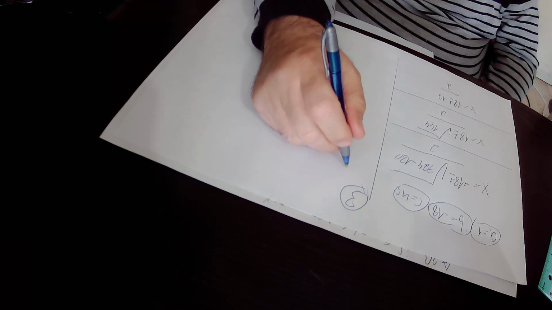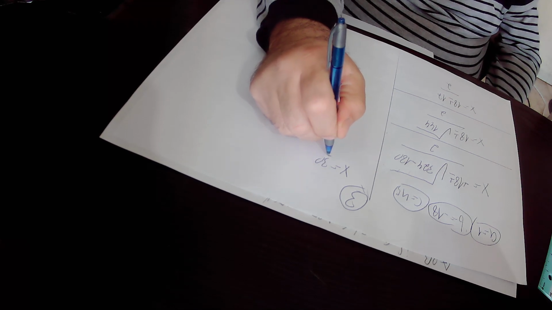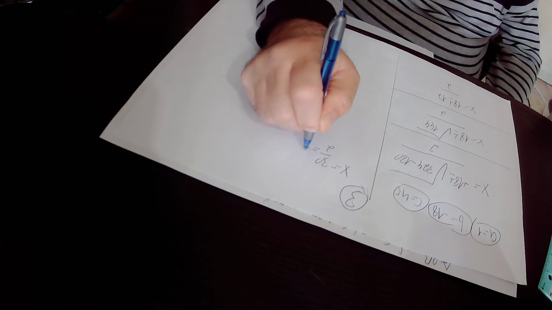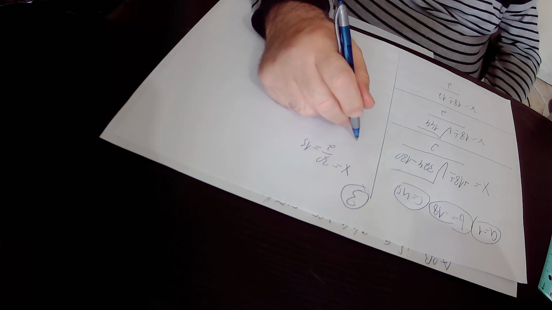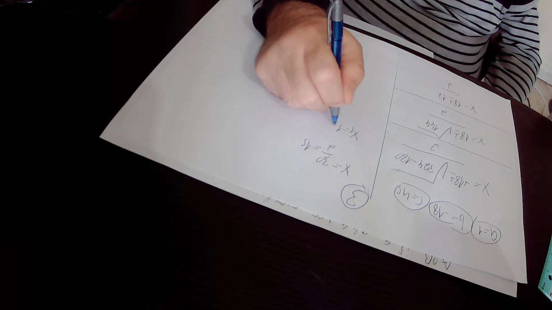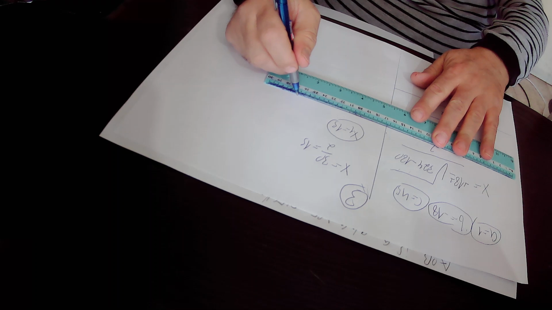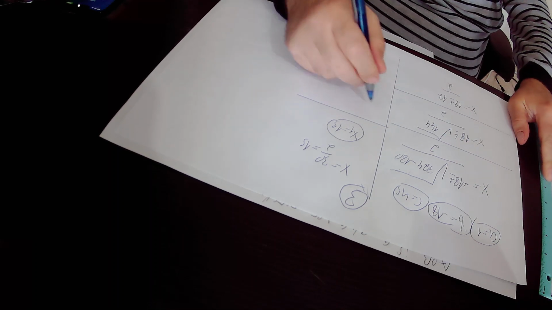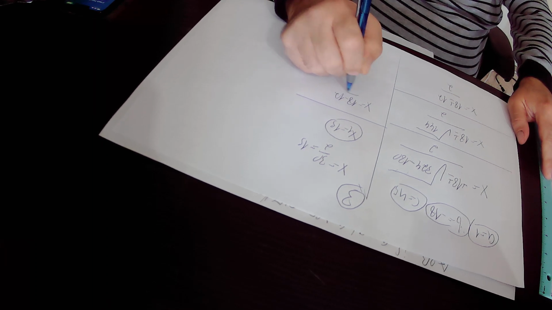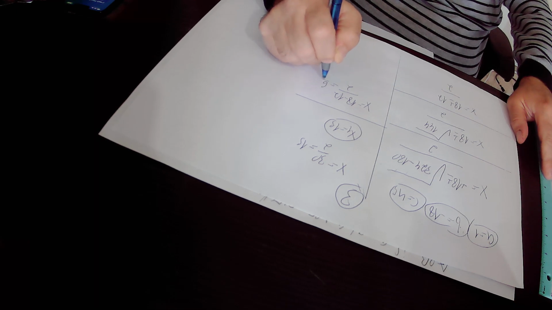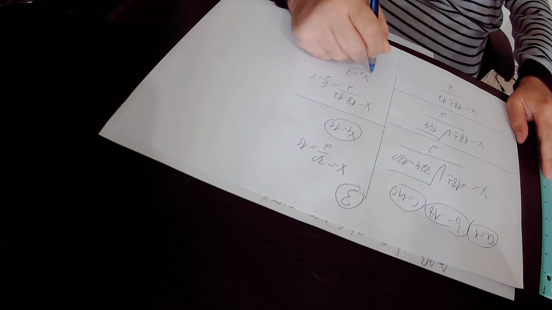The first solution is x equals 18 plus 12, that is 30, and 30 over 2 is 15. According to the first solution, x equals 15 units. The second possible solution is x equals 18 minus 12 over 2. 18 minus 12 is 6, and 6 over 2 is 3. So according to the second solution, x equals 3.